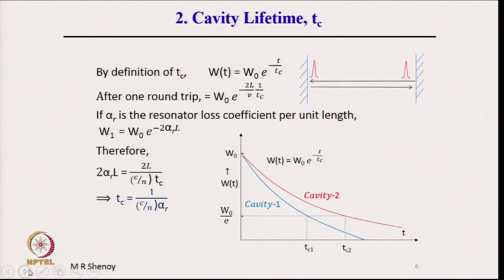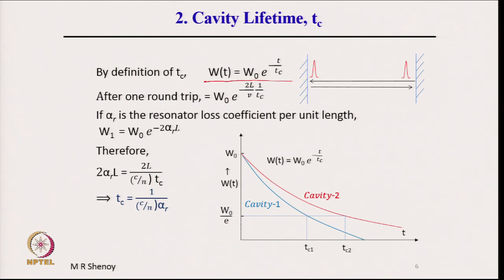Let us go to the next, that is cavity lifetime T c. The cavity lifetime is defined by this equation, which gives the energy in the cavity as a function of time: W of t is equal to W 0 into e to the power minus t by T c.